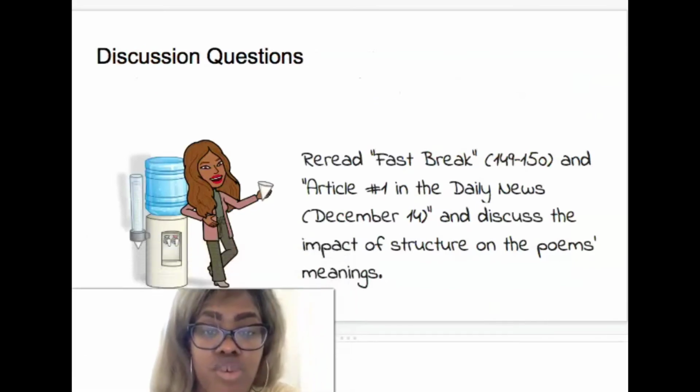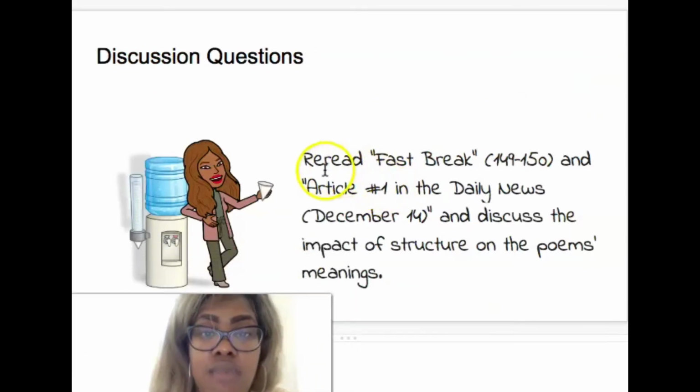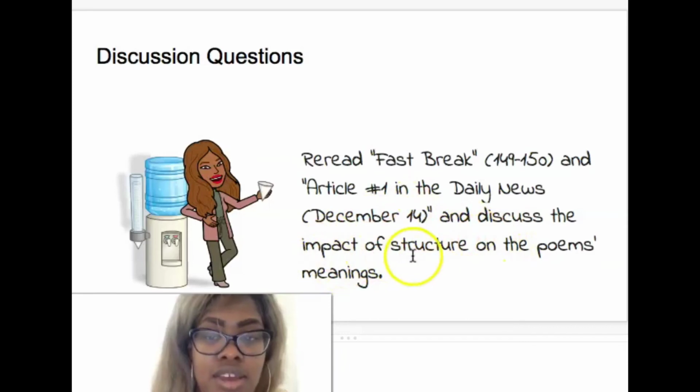So here's our discussion question for today. I want you to reread Fast Break, which is on page 149 and 150, and article number 1 in the Daily News, which is what we've been talking about today, and discuss the impact of the structure on the poem's meaning. Based on how it's written or how it's structured, what is the meaning that you get from these poems?